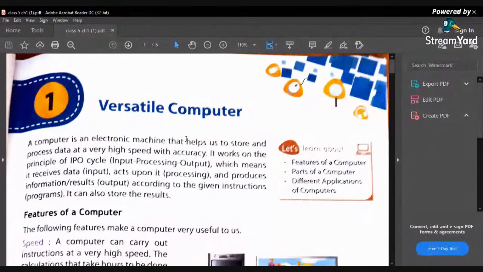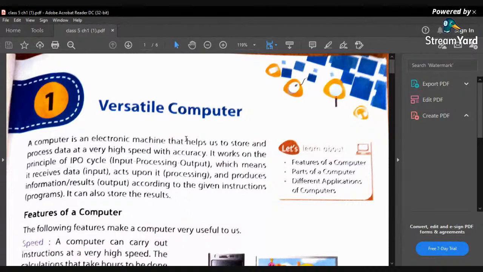Students, IPO means input, process and output. The computer works on the principle of input, process and output, because we give instructions to the computer, and the computer takes them, processes them and obeys our orders.